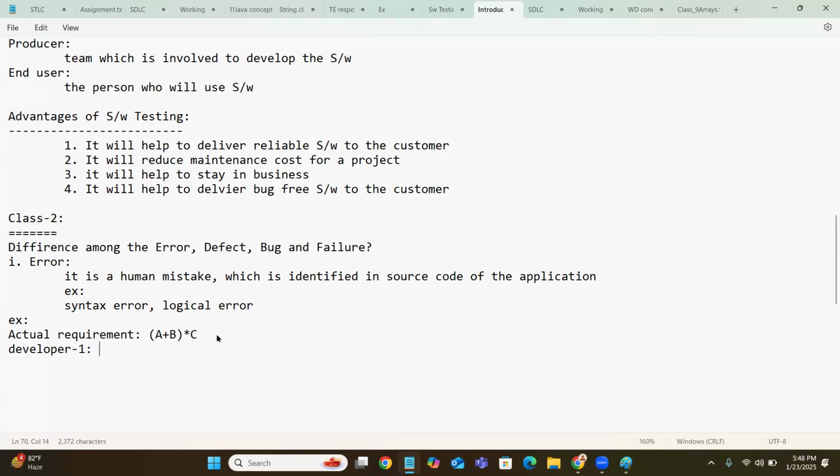So one developer has written like this: A star B, then plus C. Another developer wrote A plus B star C. Here, both developers made mistakes.